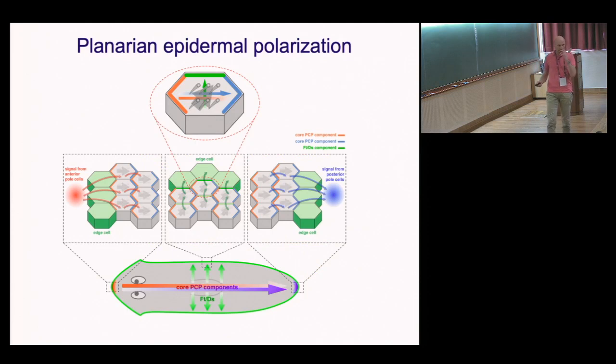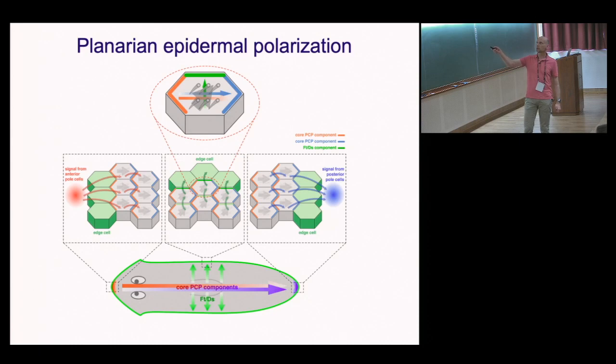Yeah, so this is essentially the biological model of how we envisage polarity in the planarian system, so that we think that essentially every single cell, as in the Drosophila system or as in other systems, is intrinsically polarized. But importantly, it is intrinsically polarized along two directions.